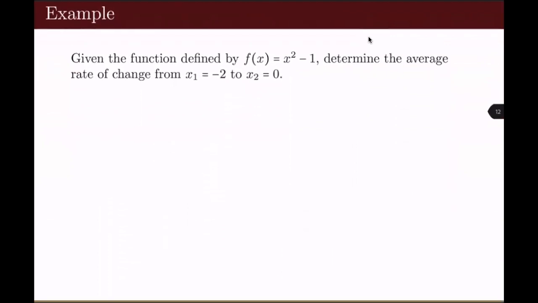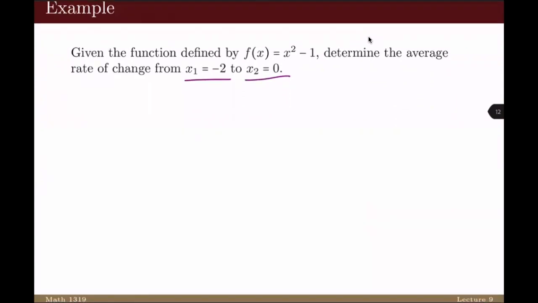Given the function defined by f of x equals x squared minus 1, determine the average rate of change from x1, which is -2, to x2, which is 0. All right, this is kind of tricky. We need to remember that whenever we see the words average rate of change, all it's telling us to do is to find the slope. So don't let that confuse you. Average rate of change is just slope.